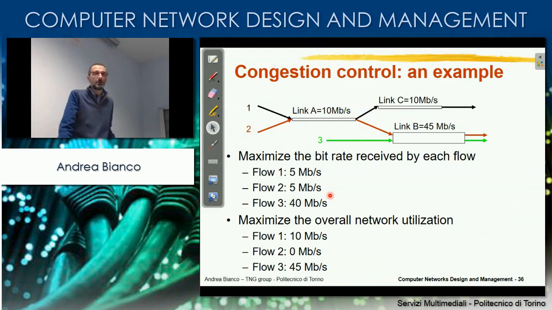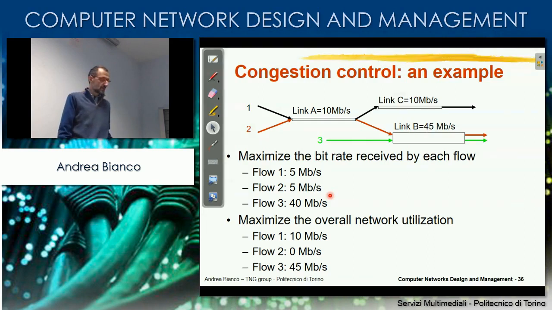This is the second solution that is reported here, in which since we give the 10 megabit to the black flow and 0 megabit to the red one, on the link B, which is crossed by the green flow, since the red flow has a capacity of 0, we can assign 45 to the green one.